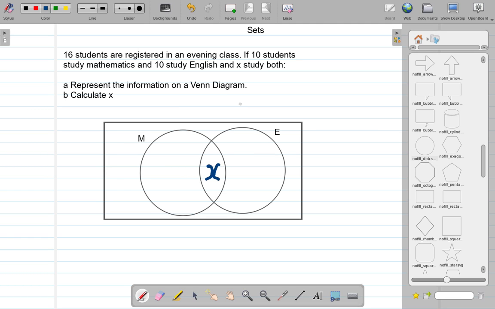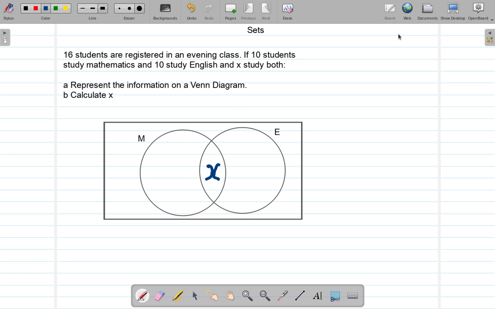Now, I want you to just pause the video and finish filling out the information in this Venn diagram and come back. So go ahead and pause. Okay, you've paused the video and you've finished filling out the Venn diagram. Let's continue. 10 students study mathematics. What did you write? Did you write 10?